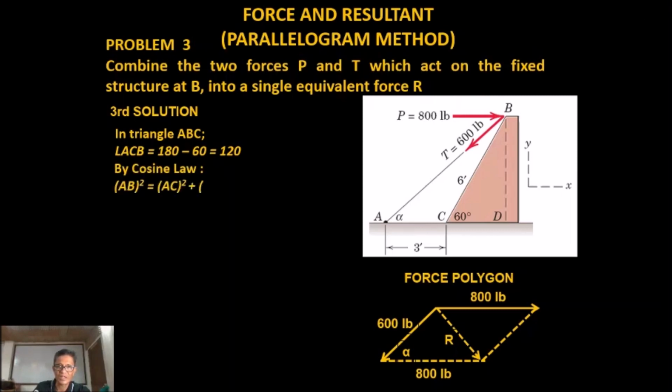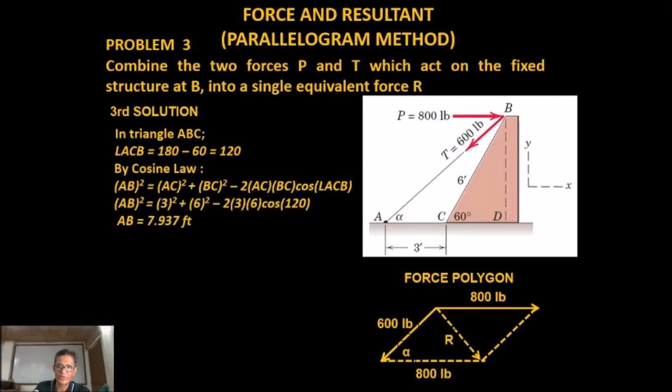And by cosine law, to solve for AB, we have AB squared is equal to AC squared plus BC squared minus 2 times AC times BC cosine of angle ACB. So this time, distance AB will be equal to 7.937.